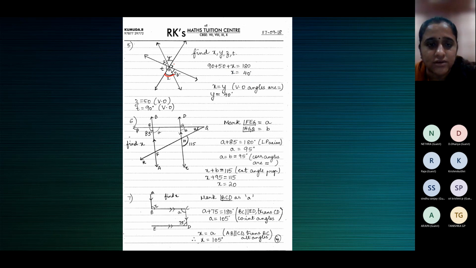Now x is 40, so y is also 40 because vertically opposite angles are equal. Take only those two lines. Don't take this other line, it is not needed and will confuse you. Can you see the two lines intersecting? x and y are vertically opposite angles, and they are equal.